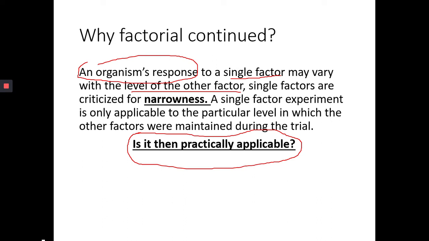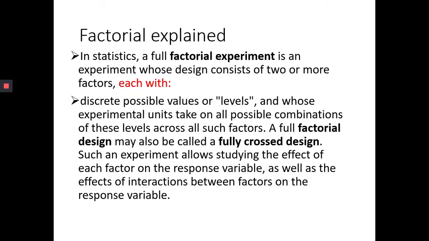Now, allow me at this point to explain factorial. In statistics, a full factorial experiment is an experiment whose design consists of two, I said two, from two and above, or more factors.